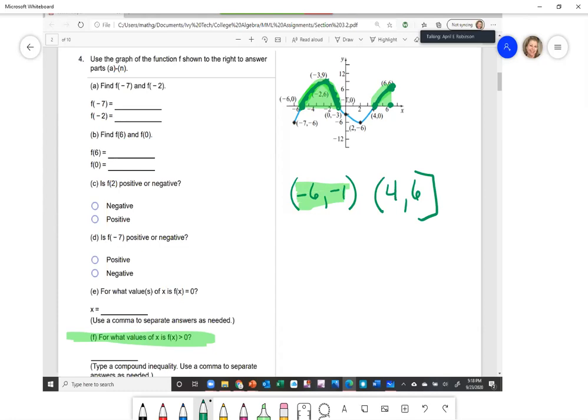Okay, I put them in interval. If they want a compound inequality, for this one it would be -6 is less than X is less than -1, comma, and then this one would be 4 is less than X is less than or equal to 6.